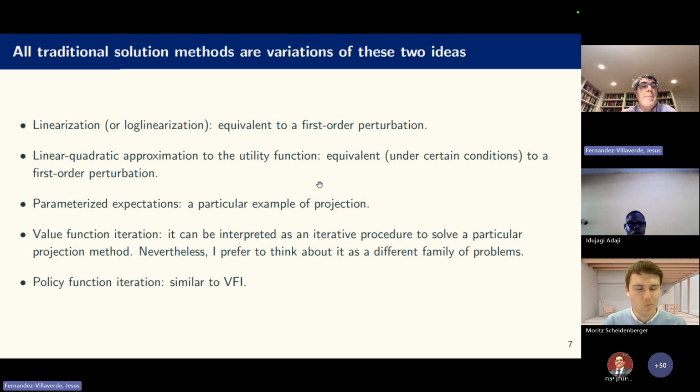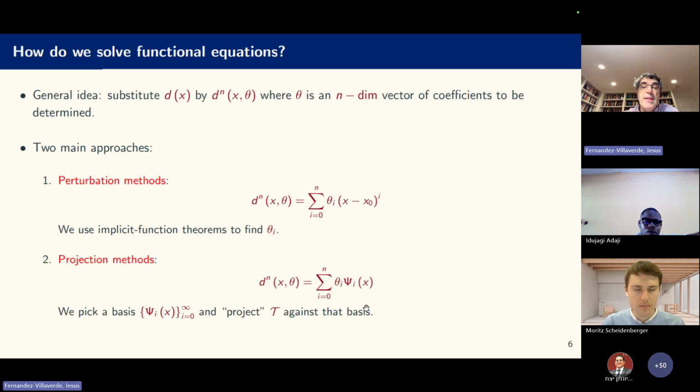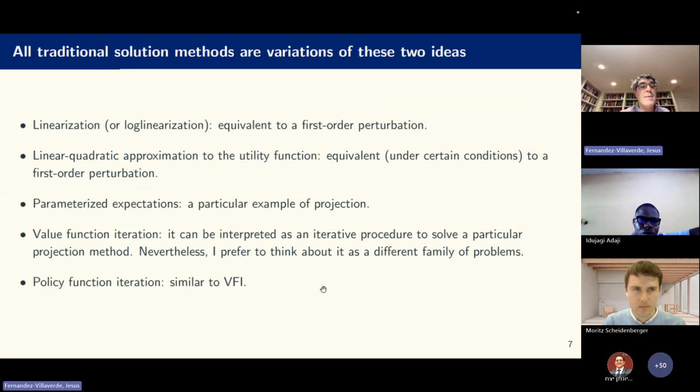You have heard about linear quadratic approximations to the utility function, which is actually nothing more than a first-order perturbation. You have heard about parameterized expectations. It's just a particular form of a projection method. You have heard about value function iteration, which is nothing more than a projection method. Or you can think about policy function iteration, which is basically value function iteration done in a slightly different way.